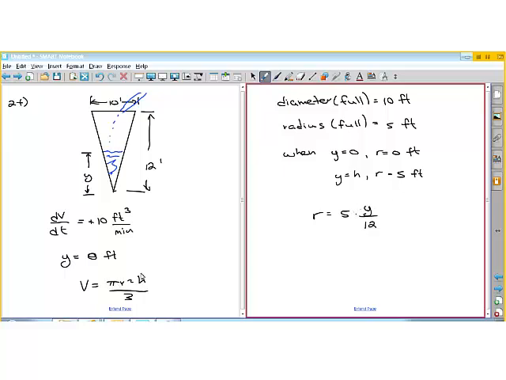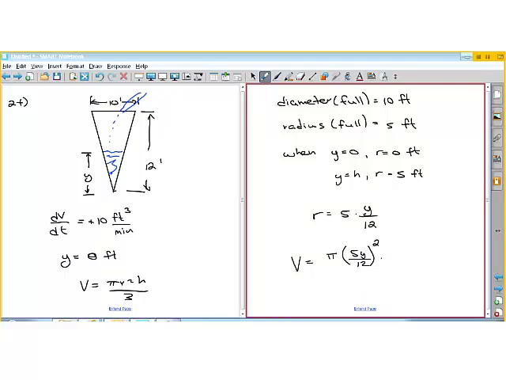Because what you'll see is we actually have two things changing. We have the radius changing and the height changing. And we need to get this in terms of one variable. So the volume is equal to pi times r squared, but r is 5y over 12, and we square that.